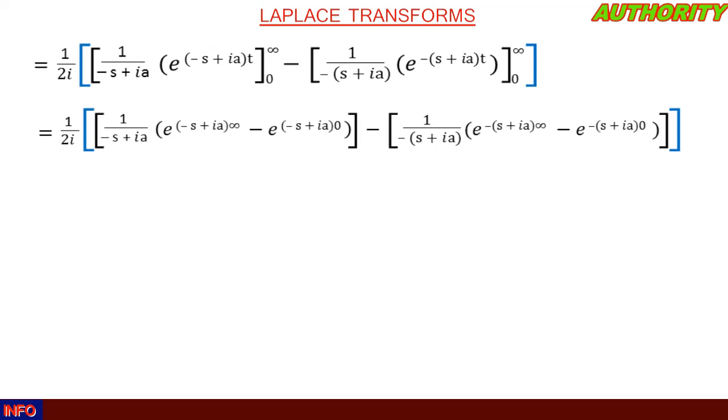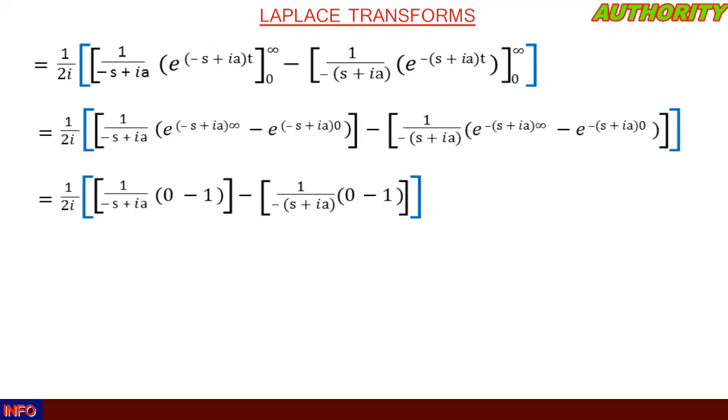Okay, so in the inner bracket, where we have e raised to the power of minus (s plus ia) infinity, that is going to give us 0, and then the other one is going to give us 1. So here we have 0 minus 1, and then the next bracket is still going to give us the same thing, 0 minus 1.